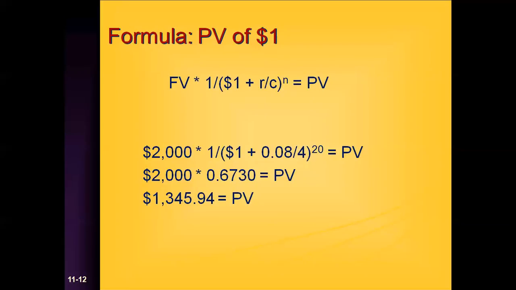Well, the math is pretty clear. If you follow the formula at the top and plug in the numbers associated with those variables, you end up with the $1,345.94. So here again, make sure you understand the variables associated with this equation, the difference between an investment today and what it's worth in 5 years versus a payoff in 5 years and what it's worth today.